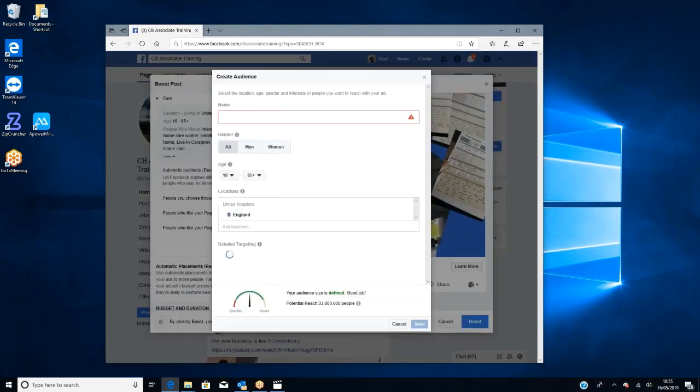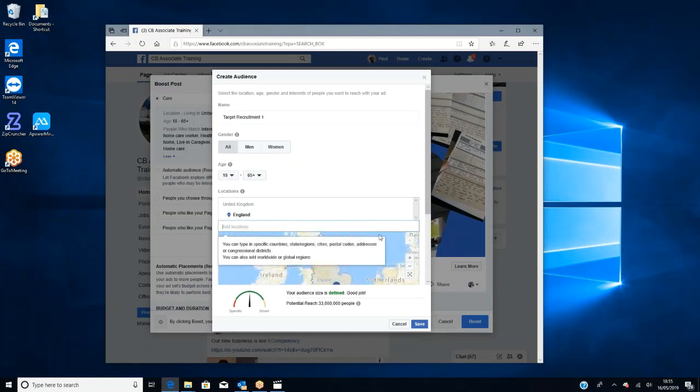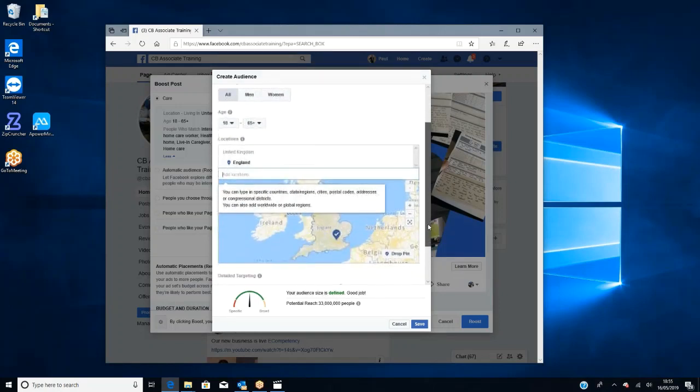Now, in creating a new audience, there's many different things you can do. So let's say that this is target recruitment 1, or whatever you want to call it. Do we want all men and women? We can put the age range in there. We can pick a location, so we can add locations. So it's automatically going to bring up near the location I am.